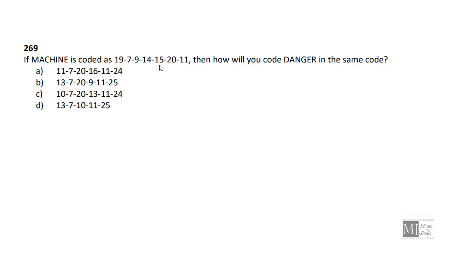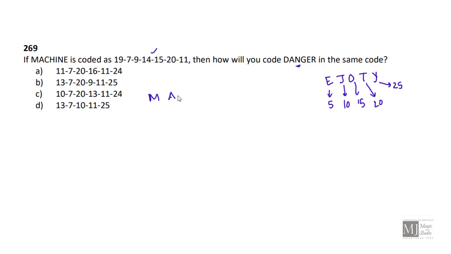If MACHINE is coded as this, what will be the code for DANGER? A very simple thing which we can remember is, when the alphabet is coded with the help of numbers, an easy format of EJOTY always helps us in identifying these numbers easily. E is the 5th letter, J is 10th, O is 15th, T is 20th, and Y is 25th.